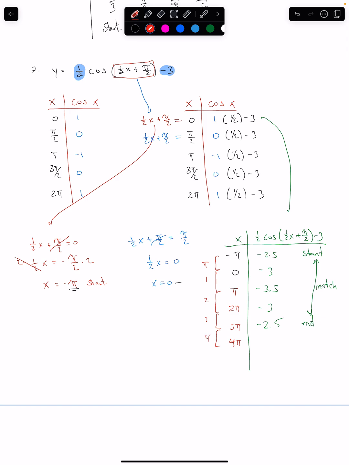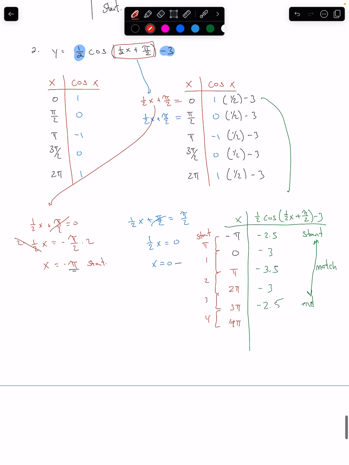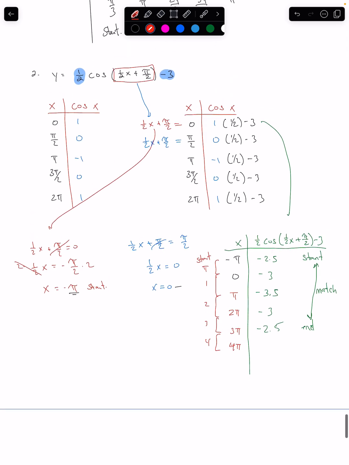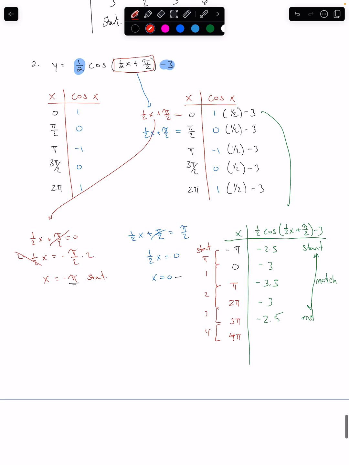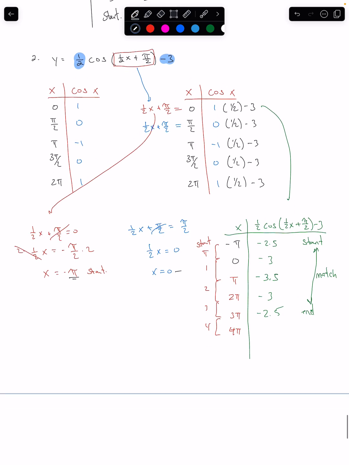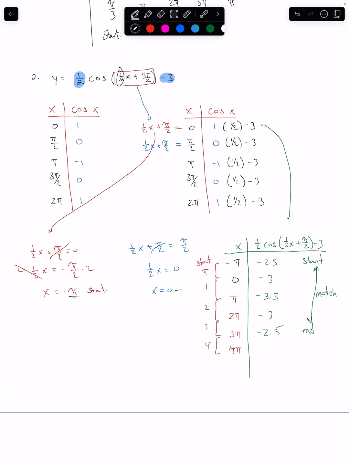Remember, let's go completely around the circle. So where I start is negative pi. How I get from negative pi to my next coordinate is adding pi units, and then I keep doing that 4 times. Okay. You could also verify one more thing too. Your b value is 1/2, and your period is equal to 2 pi over b.